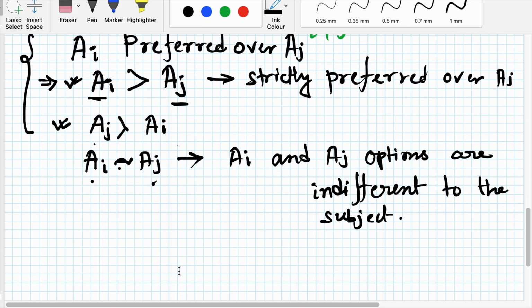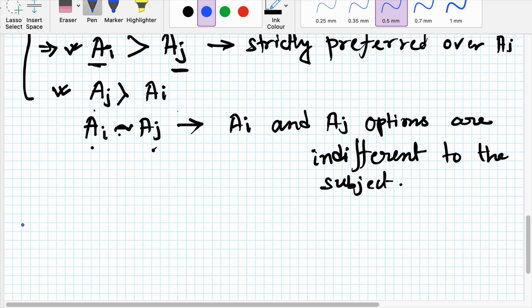That means if I present ai and aj, the subject will not mind choosing ai or aj. He is actually indifferent between them, or you can say that the agent equally likes ai and aj. So this is called the completeness axiom.